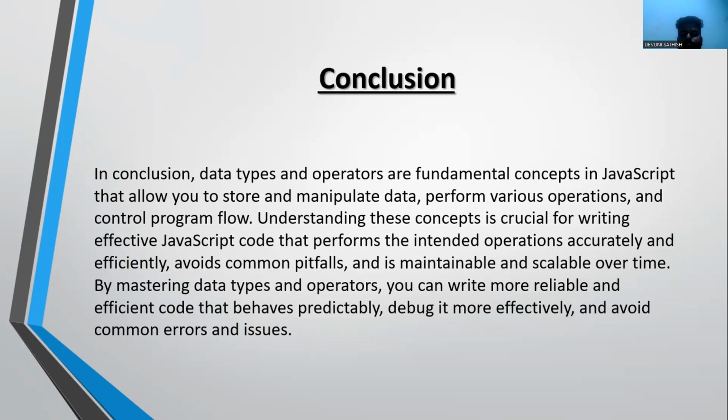JavaScript is mainly used in web pages to perform operations, and it helps write more reliable and efficient code that behaves predictably, is easier to debug, and avoids common errors and issues.